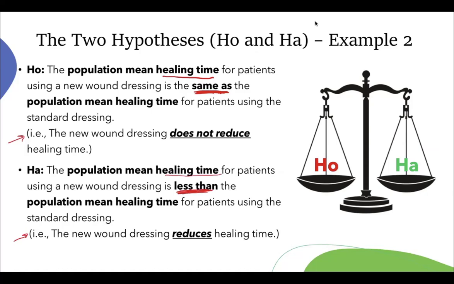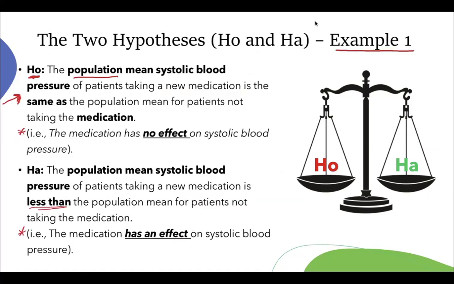Here we're looking at healing time for a new wound dressing versus healing time for a standard dressing. In the previous example, we looked at new medication. So we looked at a new medication versus not taking the medication at all.